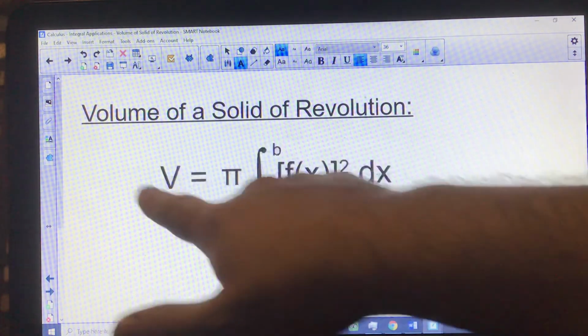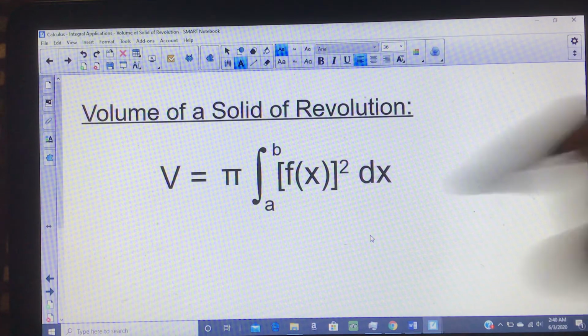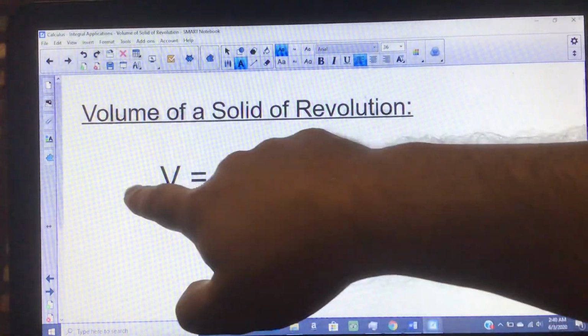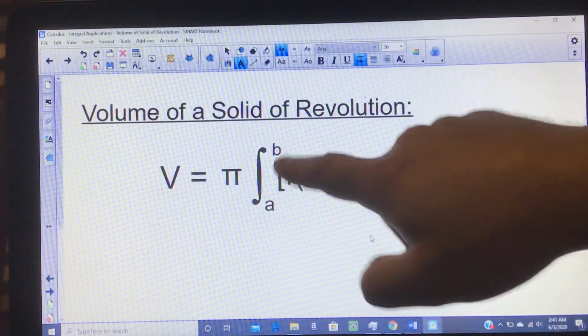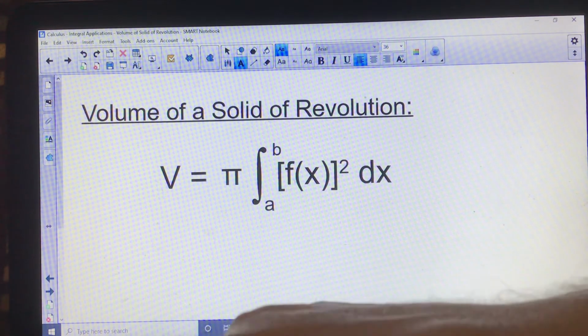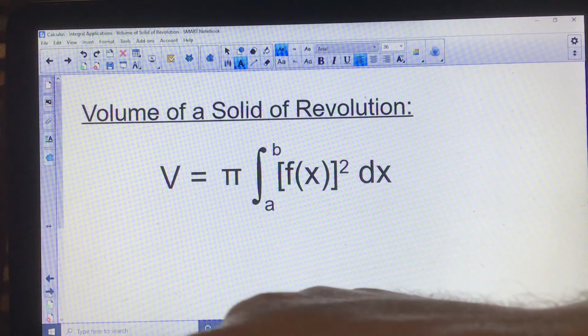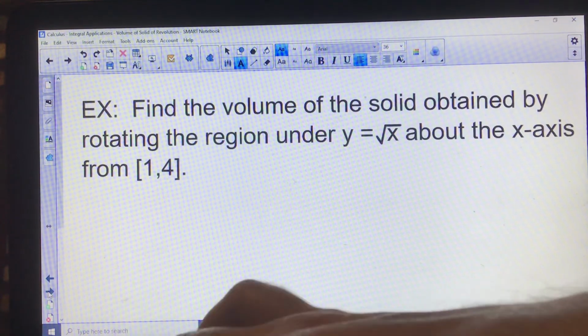The example I'm going to show is basically going to have this volume formula, and I'm going to be given some function and some starting and ending point, and I'm just going to have to plug it into this. Sometimes you can solve them by hand. Other times, the calculator may be handy. So, like I said, feel free to use the calculator. In fact, one of the examples I give you, you might have to use the calculator because you may not be able to get the antiderivative.